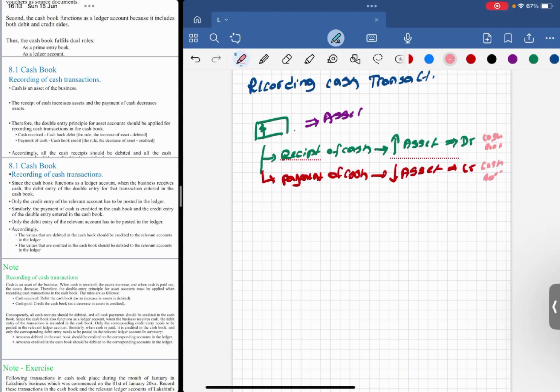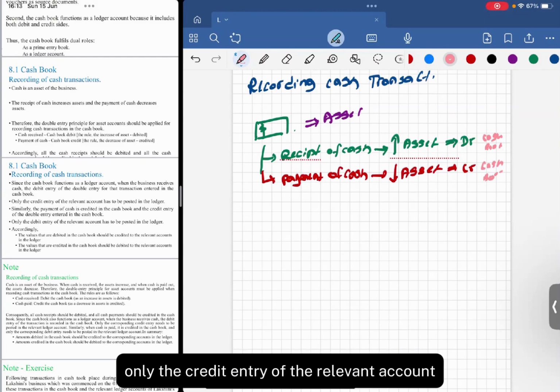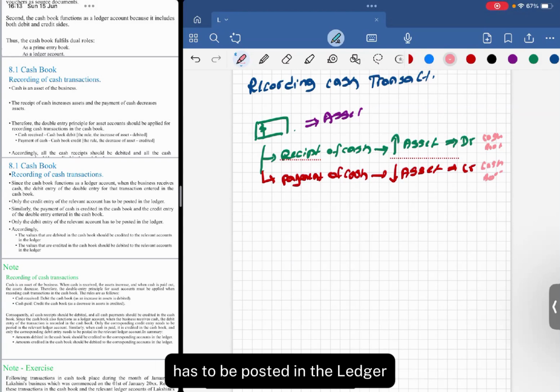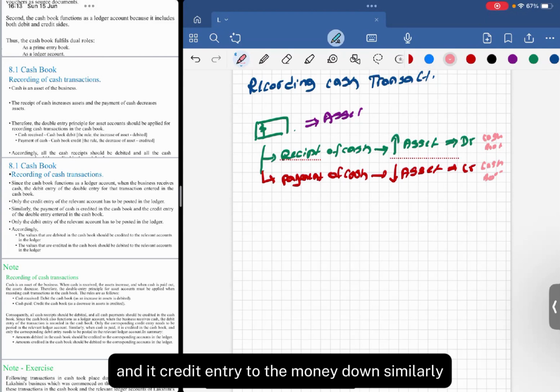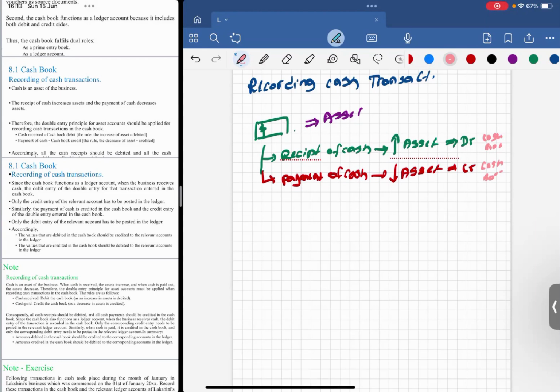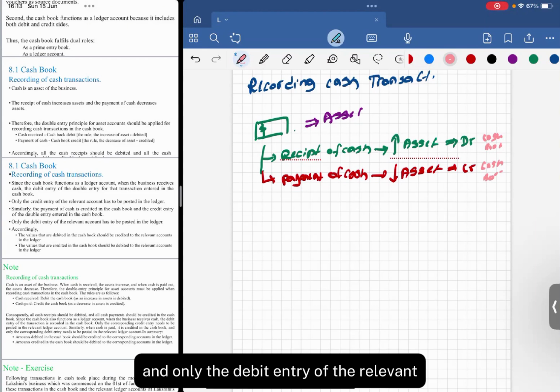And only the credit entry of the relevant account has to be posted in the ledger. එතකොට ledger එකේ අපි දාන්නේ අනිත් credit entry එක තමයි. Similarly, a payment of cash is credited in the cash book, and the credit entry of the double entry should be in the cash book. And only the debit entry of the relevant account has to be posted to the ledger.